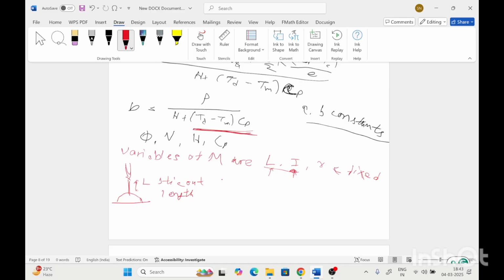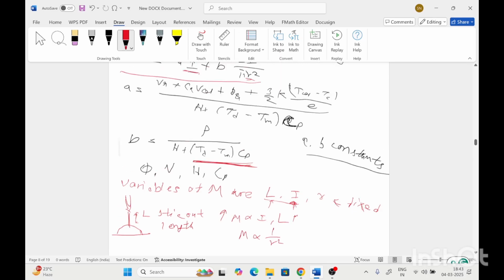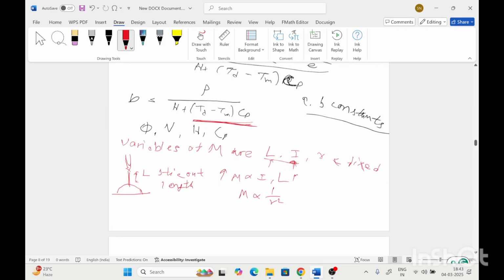From the equation, the melting rate is directly proportional to the current and stick out length. So as the current and stick out length increase, melting rate also increases. While for a higher diameter wire, it is inversely proportional. So as the diameter of the wire increases, melting rate decreases.